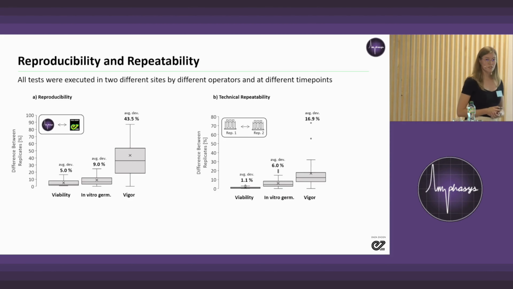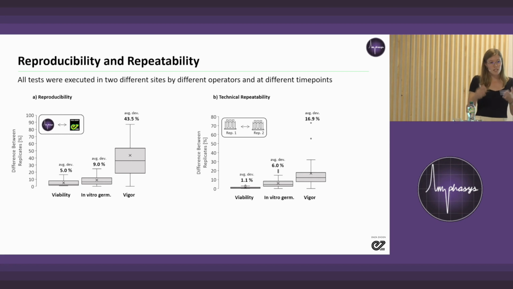Just for the vigor analysis, we noticed that it was very hard to standardize because the results between the two locations differed a lot. You can also see that when you look at the right side for the technical repeatability. In the vigor assay, we also see a huge deviation between replicates.